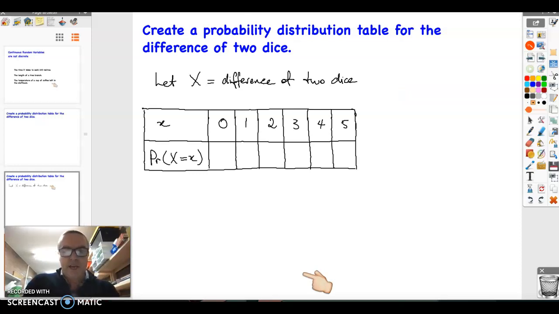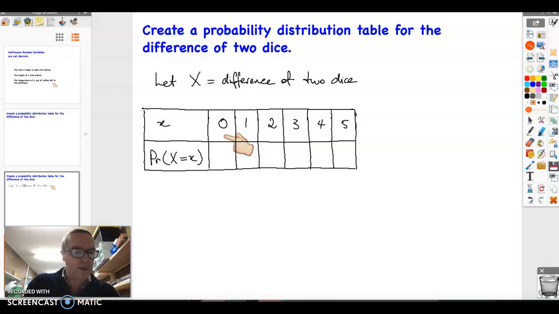Then we set out a table with small x representing all of the possible values that our discrete random variable could take on. So if I throw 2 dice, it could turn out that I get a 1 and a 6, and that's the highest difference I can have. So the difference could be 5, and then it could be 4, it could be 3, 2, 1.